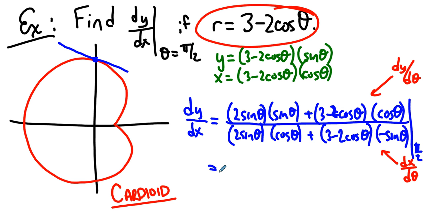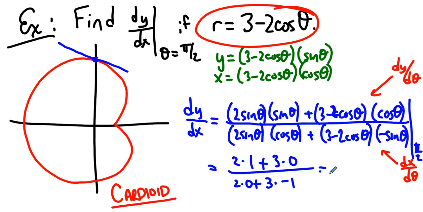So what is that? Well, we put in the pi over 2, that's 2 times 1 plus 3 times 0 over 2 times 0 plus 3 times negative 1, and that's a slope of negative 2/3, which seems to be borne out by the picture.